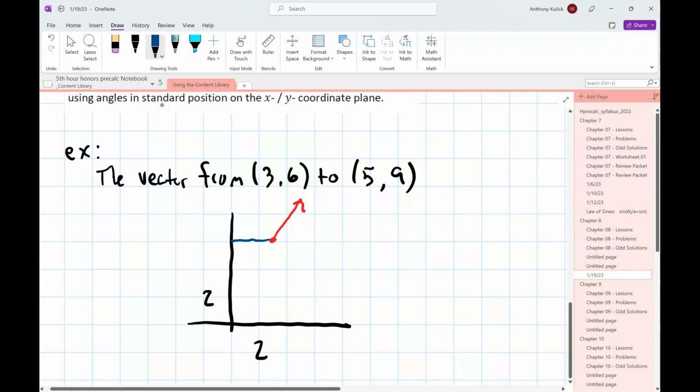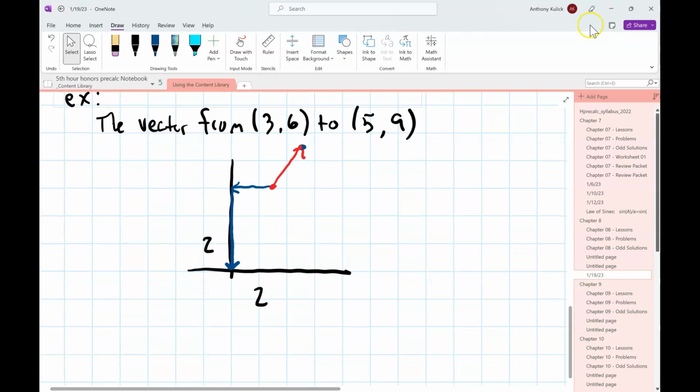So we'd want to move the points left 3 and then down 6. So we can translate that vector so it's back at the origin. And then the translated version of that point will be the component form for our vector. Everybody's okay with that idea?